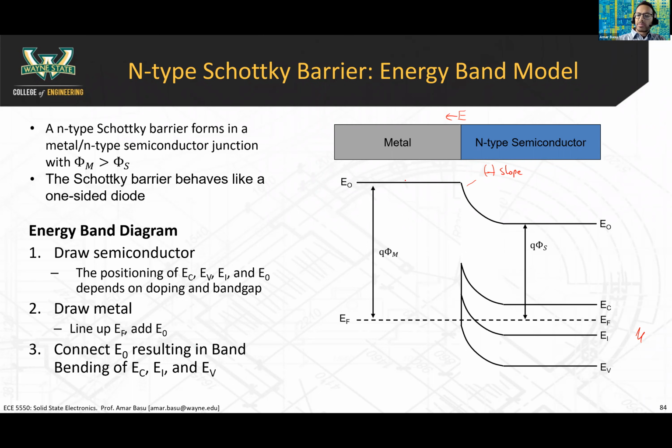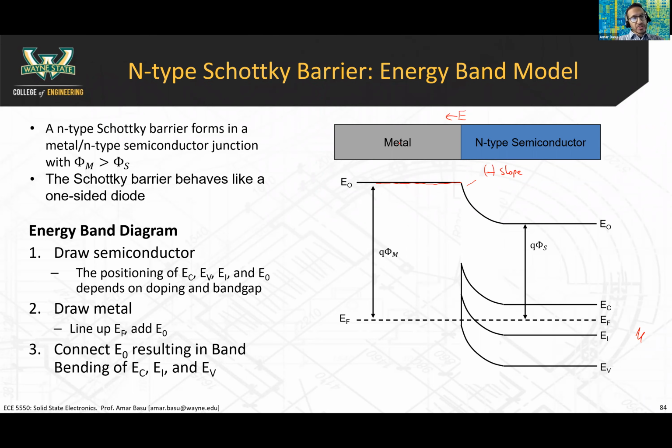Now, just a little bit more detail here. You'll notice that E0 is flat like this. That means there's no electric field in the metal. One of the properties of metals, if you've taken a class in electromagnetics, you might know this, is that inside the metal there can be no electric field.